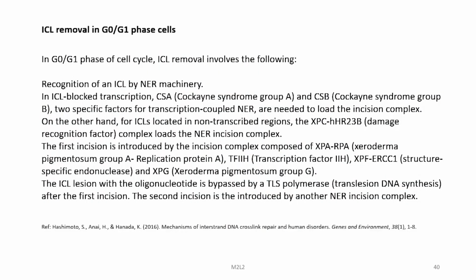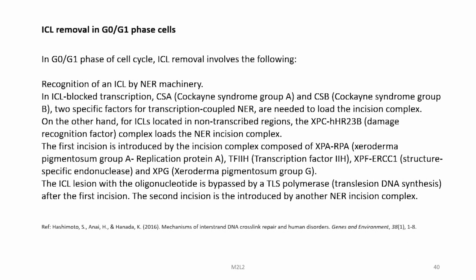Let us discuss ICL removal in the G0/G1 phase of the cell cycle, as described below. Recognition of an ICL by the NER machinery takes place. If the ICL blocks transcription, CSA and CSB, two specific factors for transcription-coupled NER, are needed to load the incision complex.